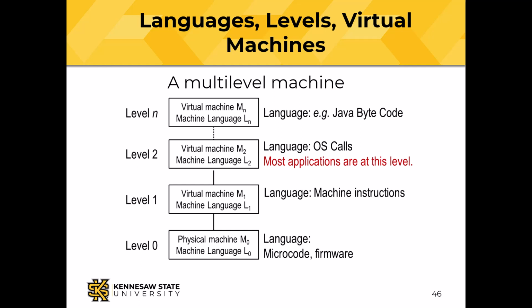I can go further to another level and have something that is Java bytecode, an application running on an operating system that in turn interprets code generated by a Java compiler. So I can layer things as deeply as I need to accomplish what I'm trying to accomplish.